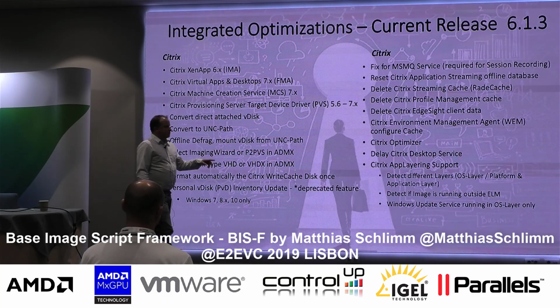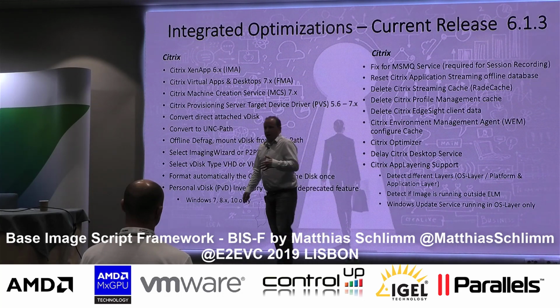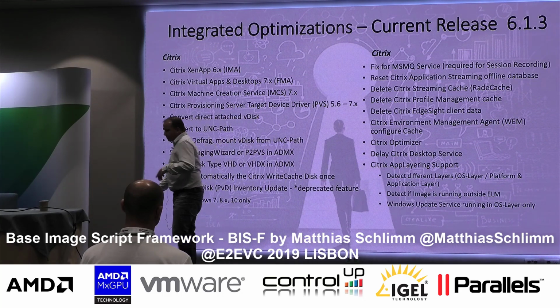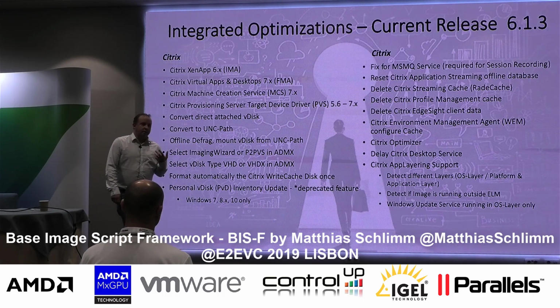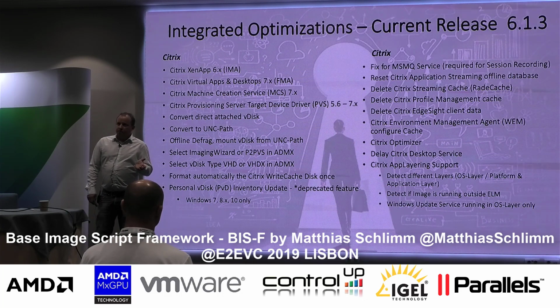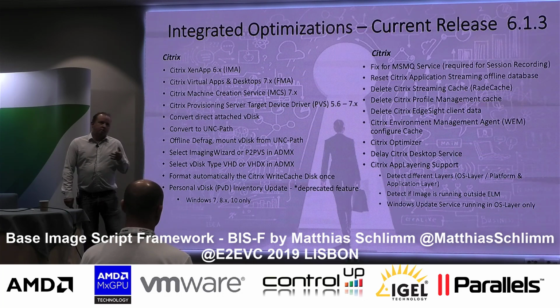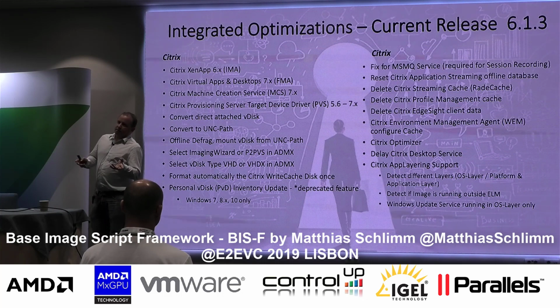That's a lot of things that we're doing here. For example, I would like to talk about the delay of the Citrix Desktop Service. For VDI, for Windows 10 for example, when the machine is booting up, the Citrix Desktop Service, like the broker service, starts immediately, and the user can log on to the machine. But under the hood, mostly you have different processes that are still running there, like Read, WMI, and all the other things.